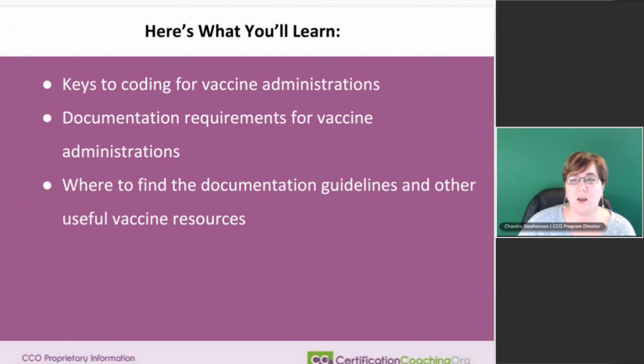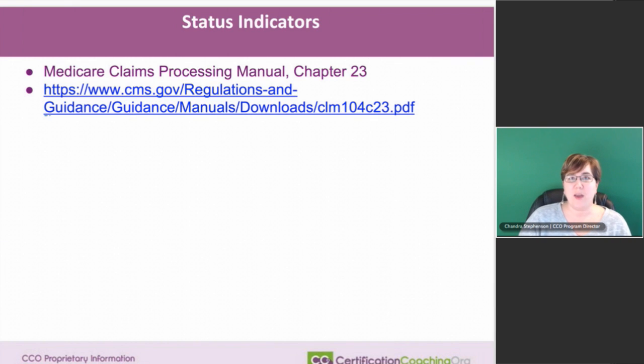The question that we received through the topic request form was, can you present on status indicators? Can you give us information about status indicators? My initial response was yes, but which ones? Because there are status indicators for lots and lots of different things.